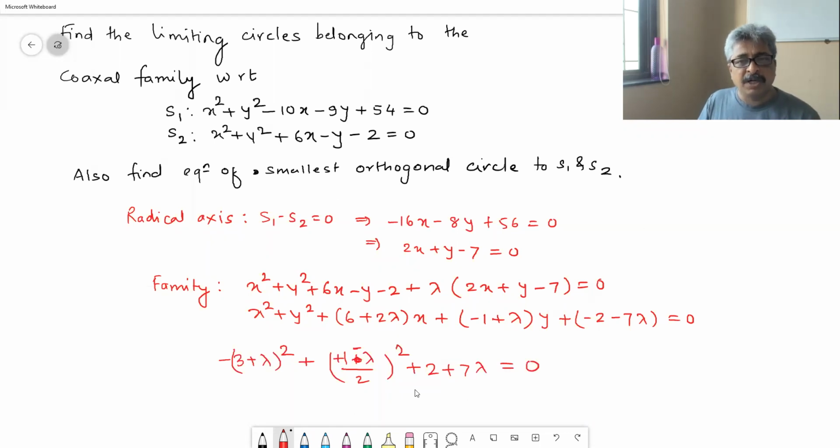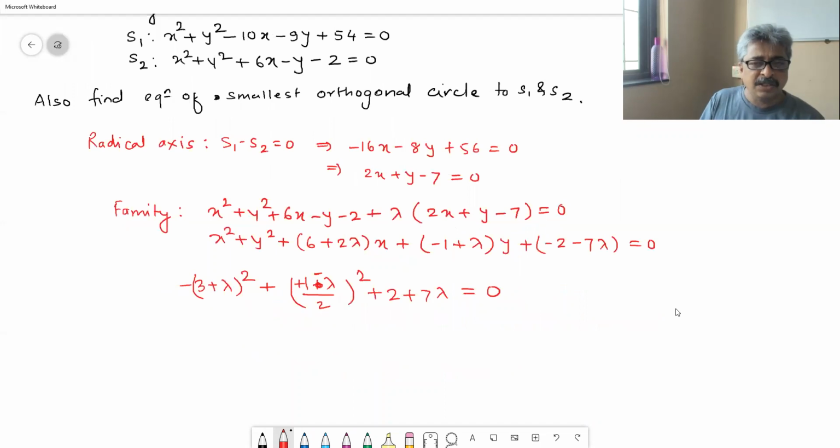This is the only difficult calculation, and it is not supposed to be difficult because numbers are good.